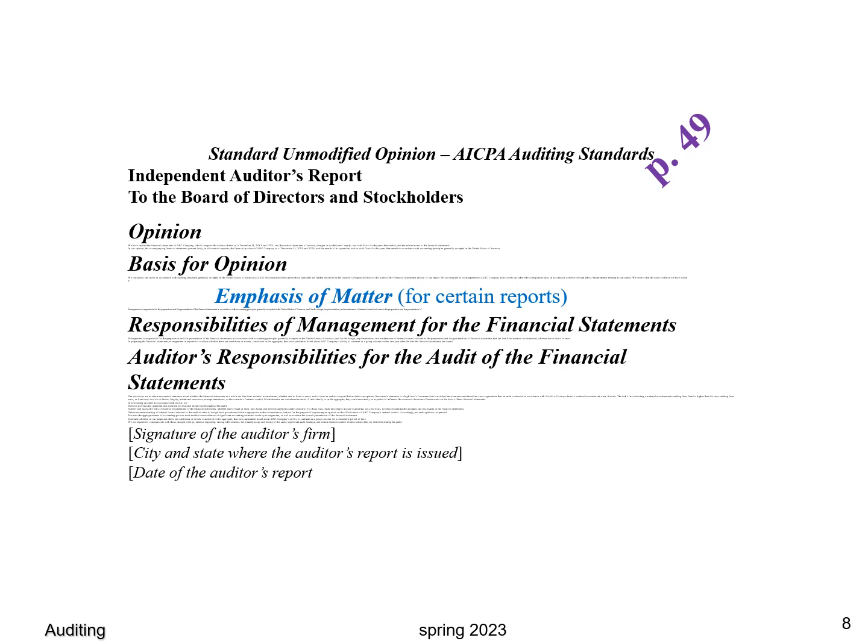Sometimes we add an emphasis of matter paragraph below the basis for opinion section. I use the word paragraph. I should use the word section. So sometimes we add an emphasis of matter section to our report, not always. The order in which they appear is important.